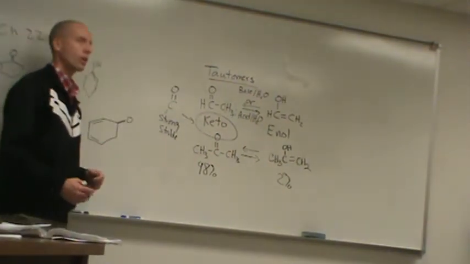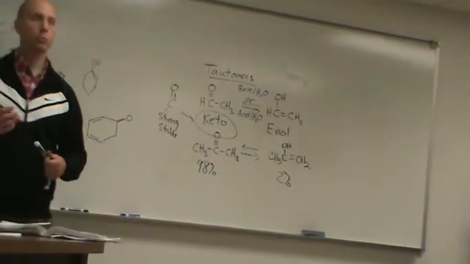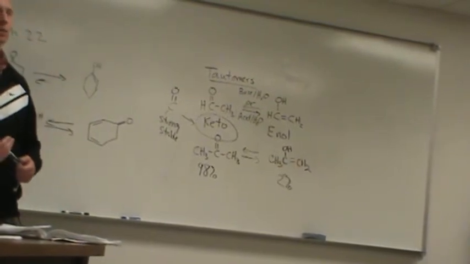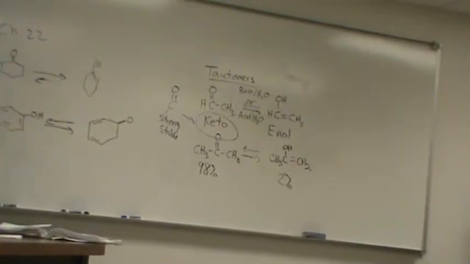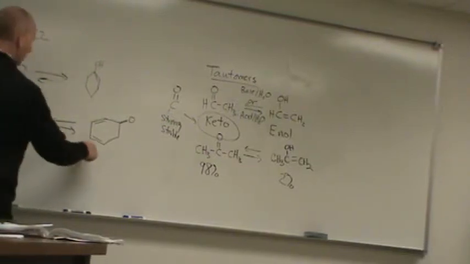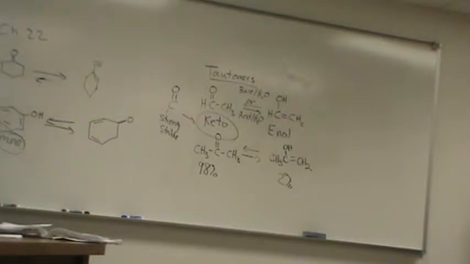You might ask, is there ever a situation that I can get the enol to be more than the keto? Here, this one over here is an example. This one would exist more than this one. Anybody have an idea why?